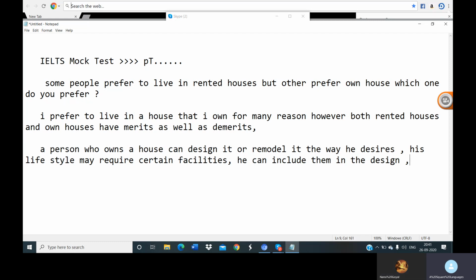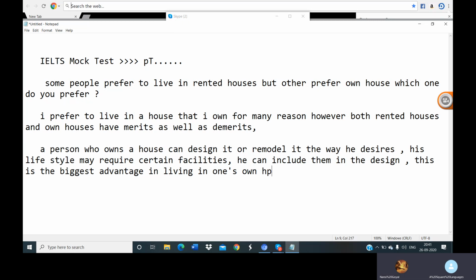And you tell me now your ideas. This is the biggest advantage in living in one's own house.